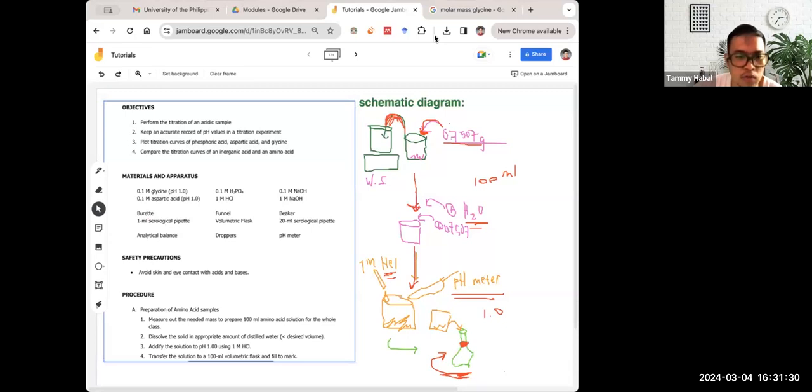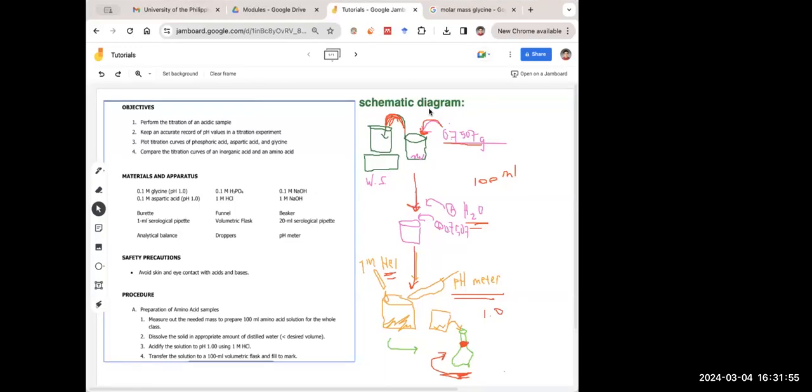That's how you do it when you are preparing a solution. Every time before you go to class, it's best if you do a schematic diagram. Aren't you assigned to do schematic diagrams before laboratory class? It's never really been mentioned as far as I can remember.